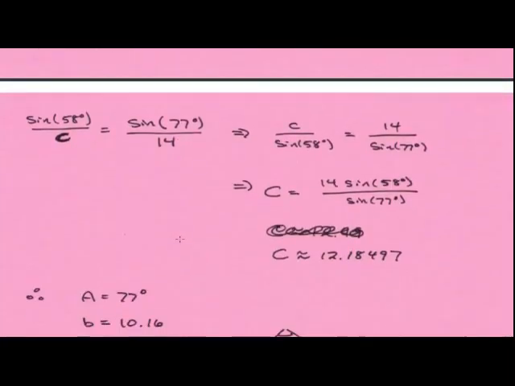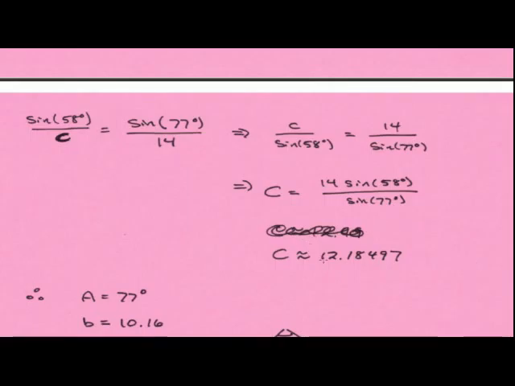Now if we do the same thing for C, we know that the sine of 58 degrees over side C is equal to the sine of 77 degrees over 14. If we solve for C, we end up with C being 14 times the sine of 58 degrees over the sine of 77 degrees.